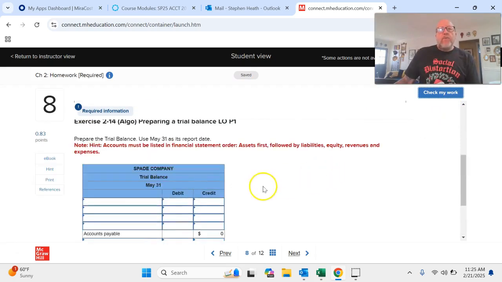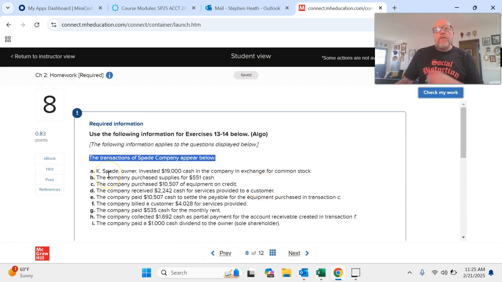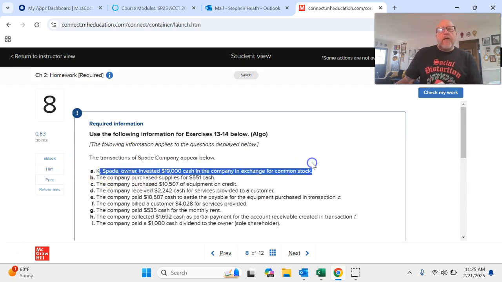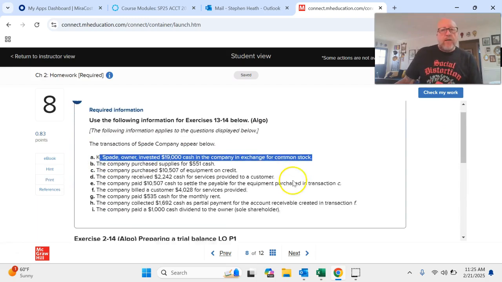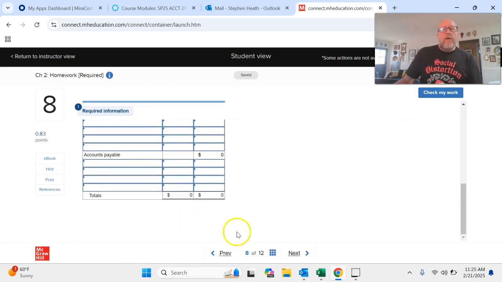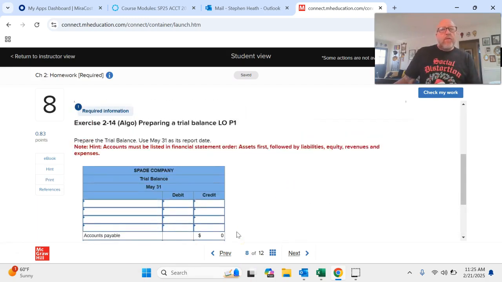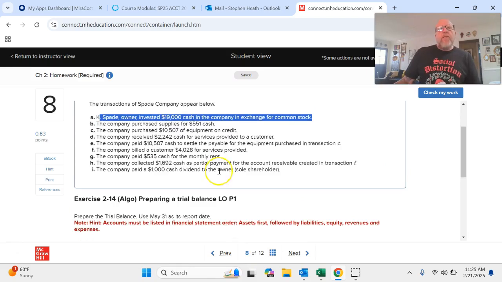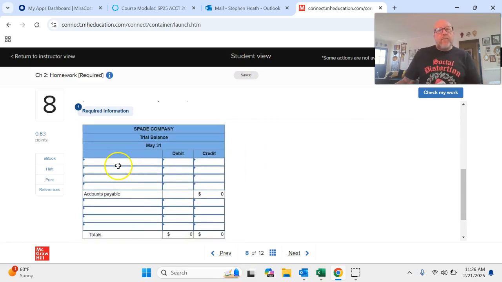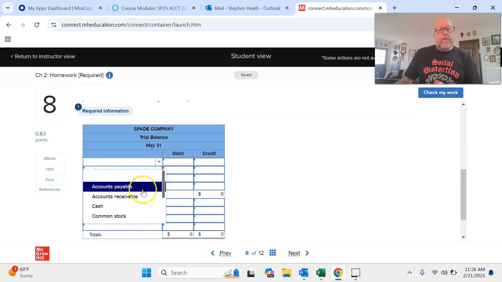But I think when you guys start doing the homework, you should be able to take these data and put them into T accounts somewhere down at the bottom of the schedule or page. Then once you have the T accounts, you would sum the T accounts up, figure out what the ending balances are. Then you would throw the ending balances up here.